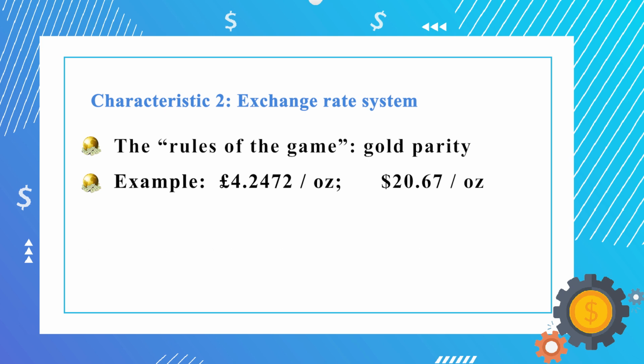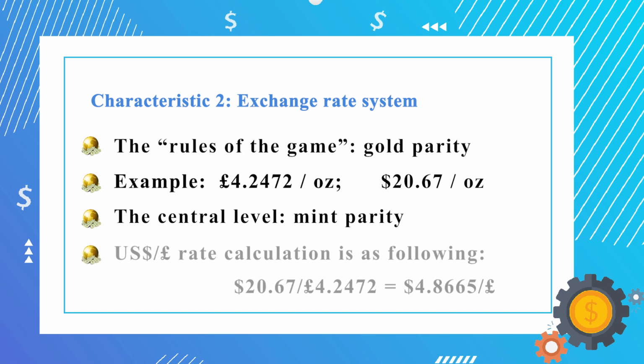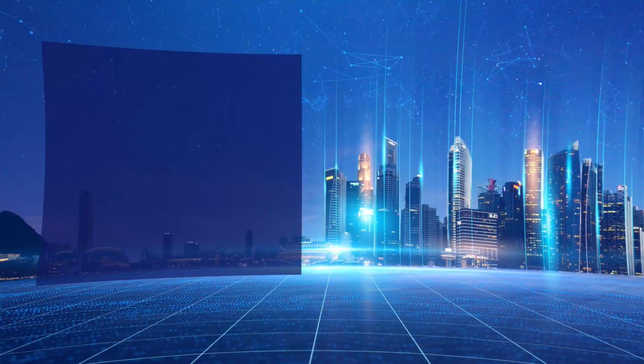$20.67 per ounce. Then, the exchange rate of the US dollar versus the British pound could be determined by the gold prices in dollar and pound, which was $20.67 over 4.2472 pounds, equals $4.8665 per pound.